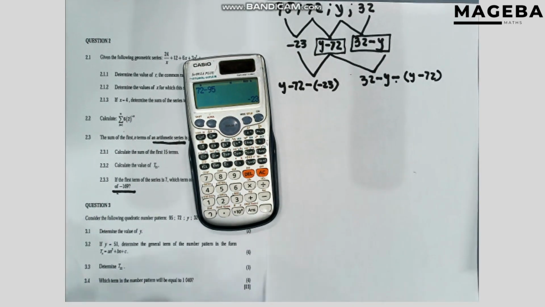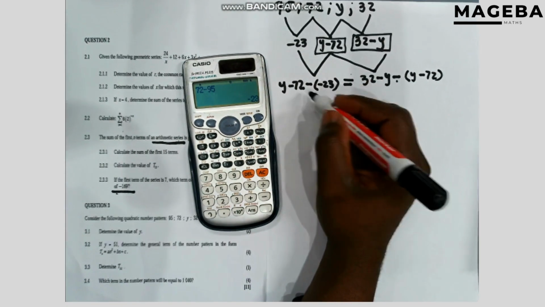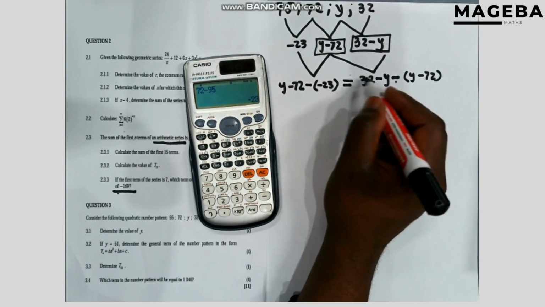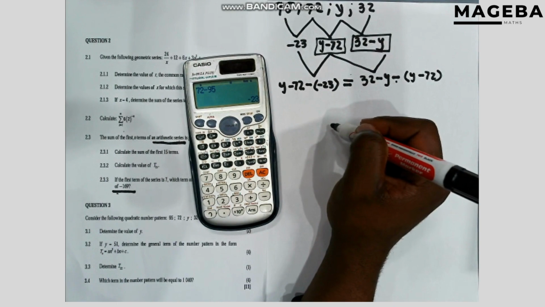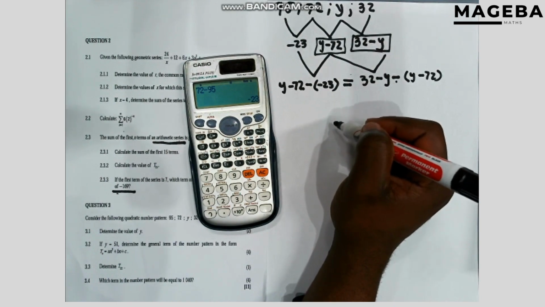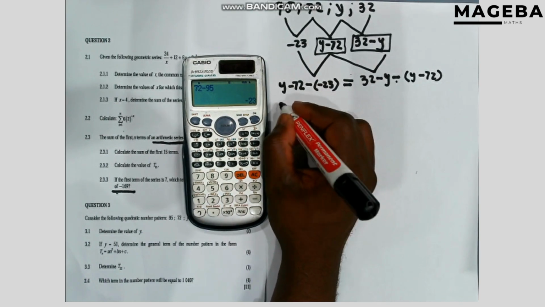What we know about a quadratic is that the second difference is equal, so we can equate these two and solve for y.